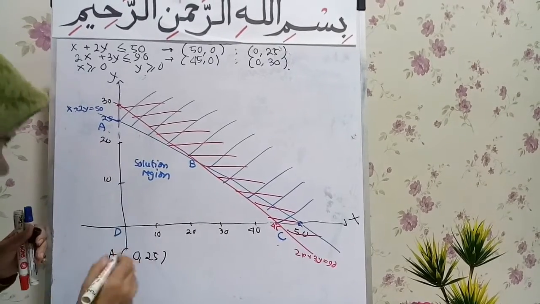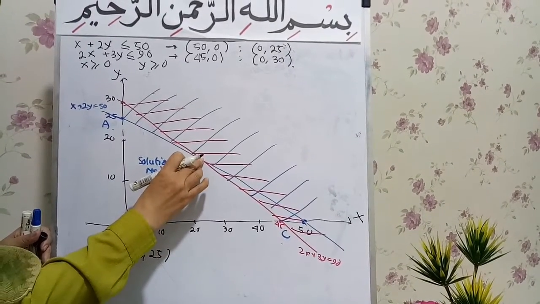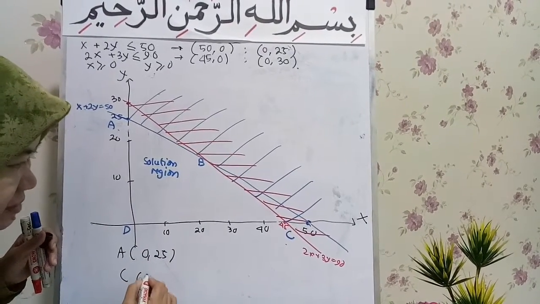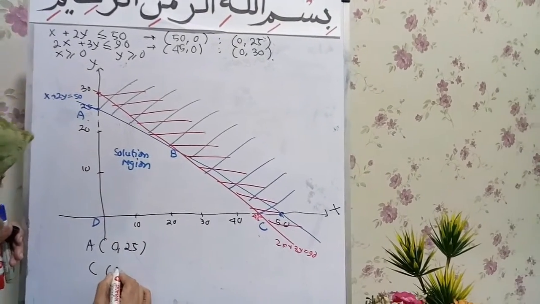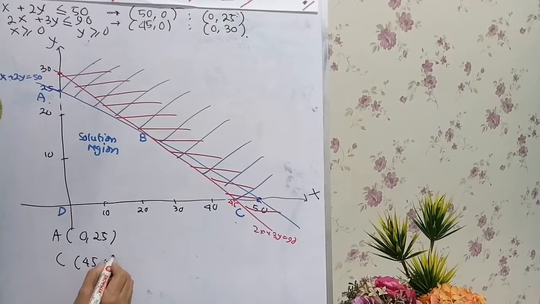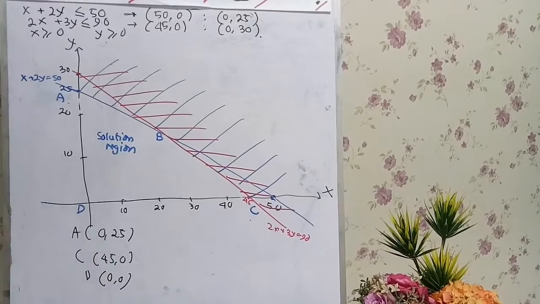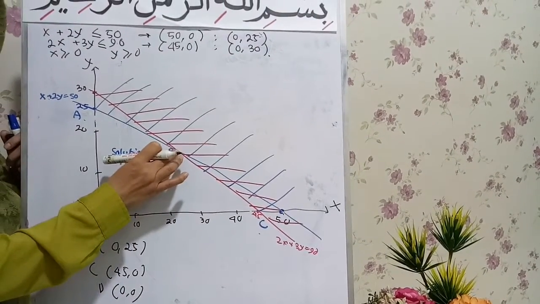B is later, because this is the intersection of these two lines. C is (45, 0) and D is (0, 0). How about this point B?